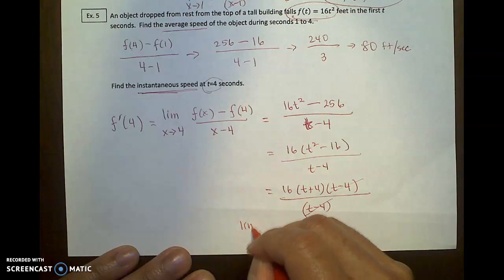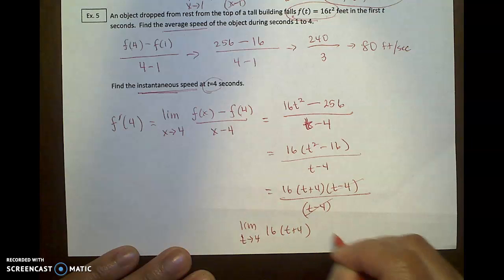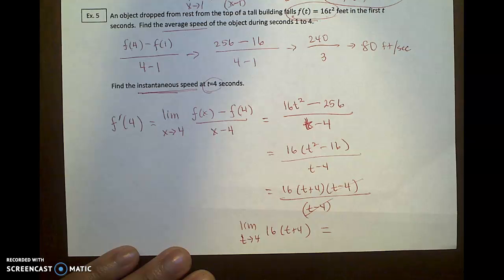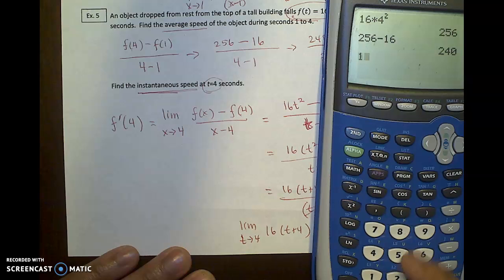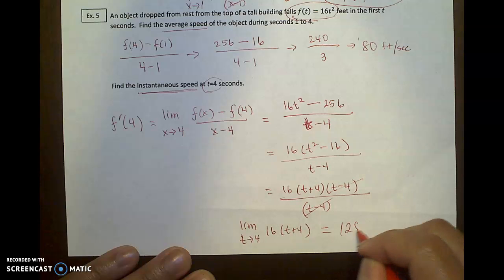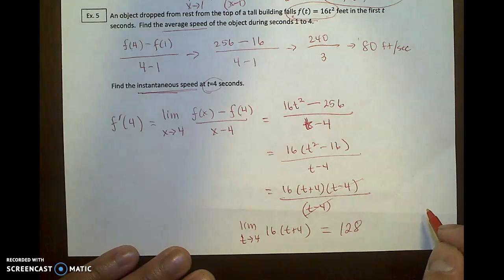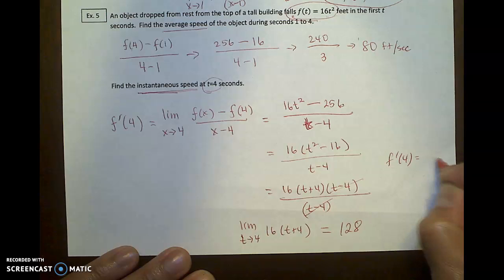The limit as t approaches 4 of 16 times t plus 4 is equal to 16 times 8, which is 128. So 128 is our limit, and for us, that is the derivative of this function at 4.